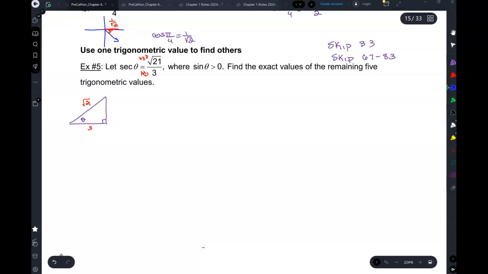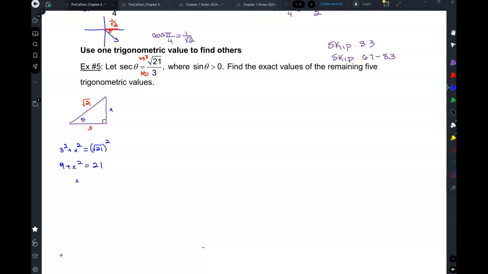So now I can find the missing side. 3 squared plus x squared is equal to root 21 squared. So 9 plus x squared is 21. X squared is what? 12. So x is root 12, which is how much? 2 root 3. So that's x, 2 root 3.